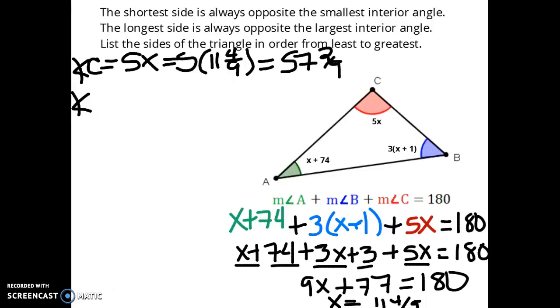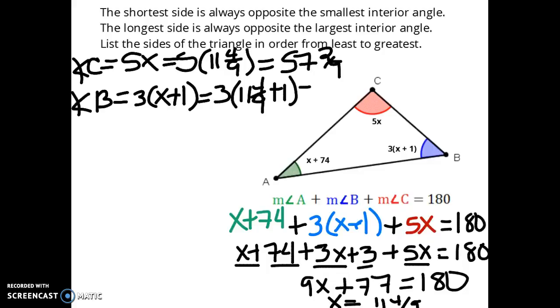Angle B is 3 times x plus 1, which is 3 times 11 and 4/9 plus 1, which is 37 and 1/3.